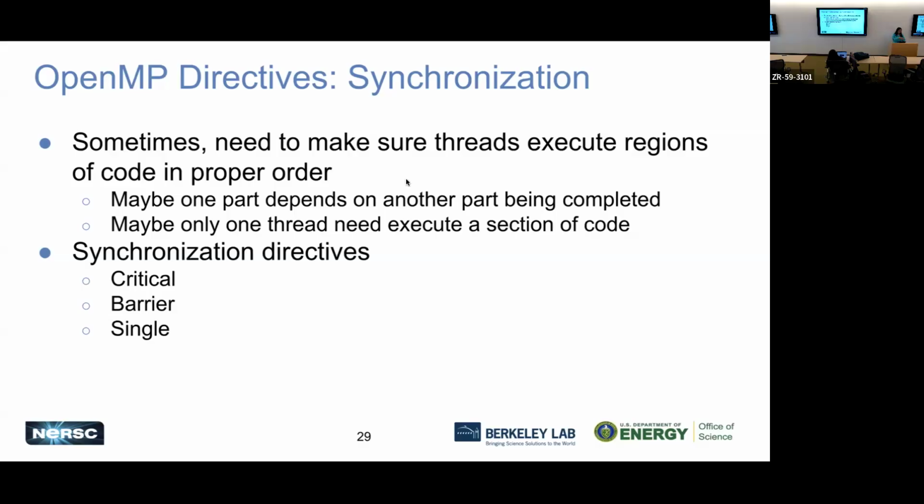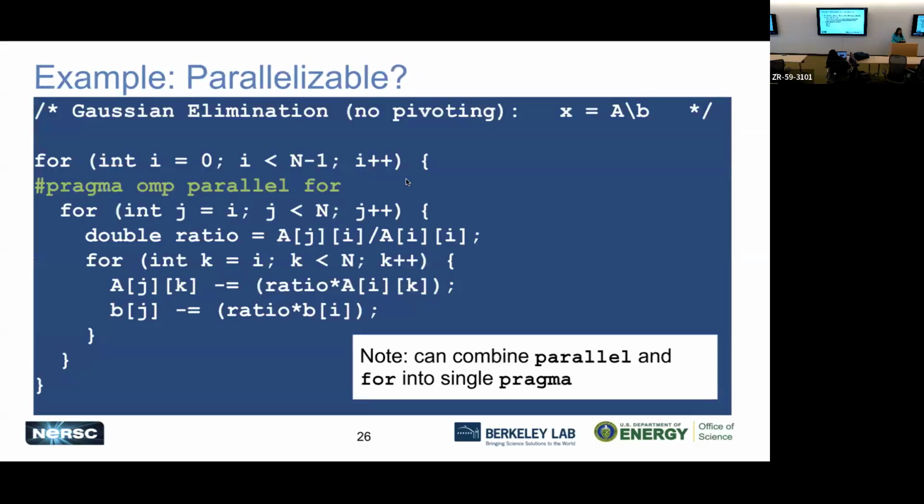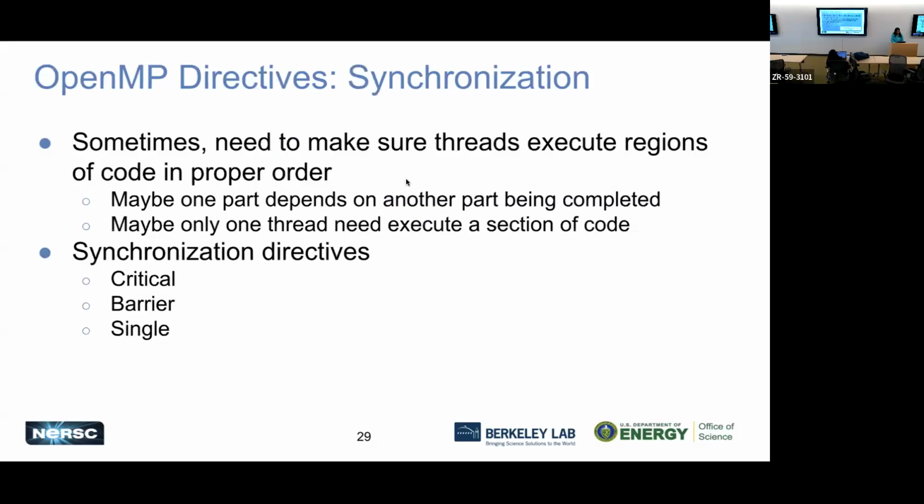One example is this loop, right? What if I have some other computation following this computation? I want to use the result from the above. I do want the first part to complete. In this kind of loop, there is implicit synchronization there. You don't have to add it, but some constructs don't have it.